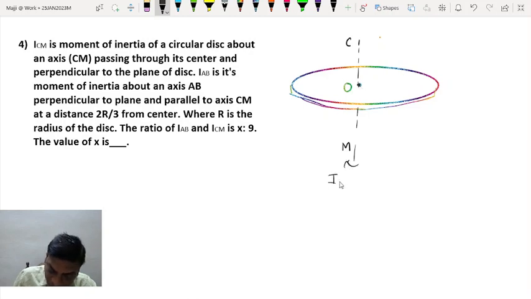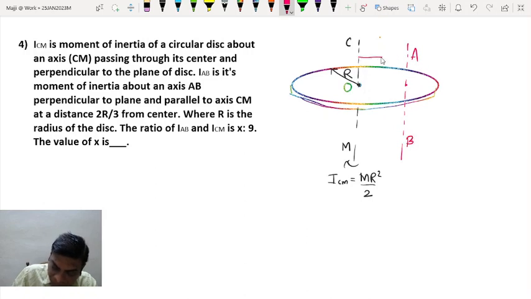Moment of inertia of the disk about this is ICM, which is equal to mr square by 2, where r is the radius. We all know this. Then the other axis is AB. This is AB at a distance small r is equal to 2r by 3 from the center. So we have to obtain the ratio of IAB to ICM.